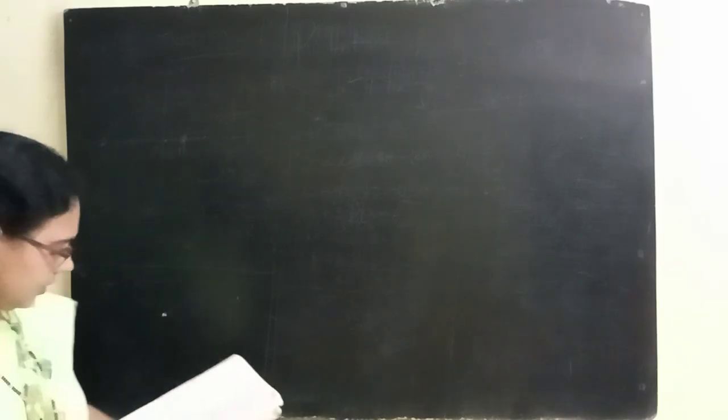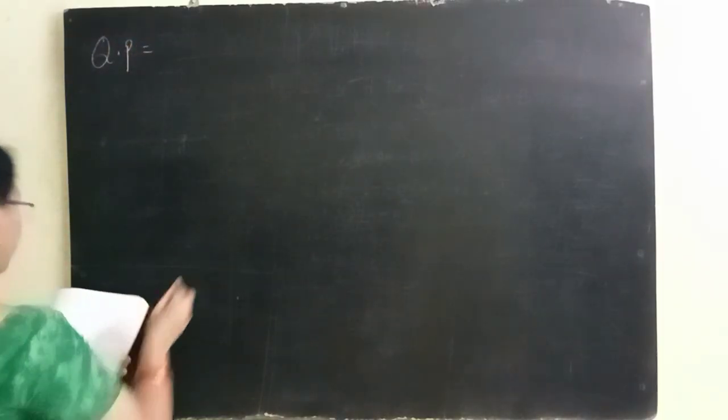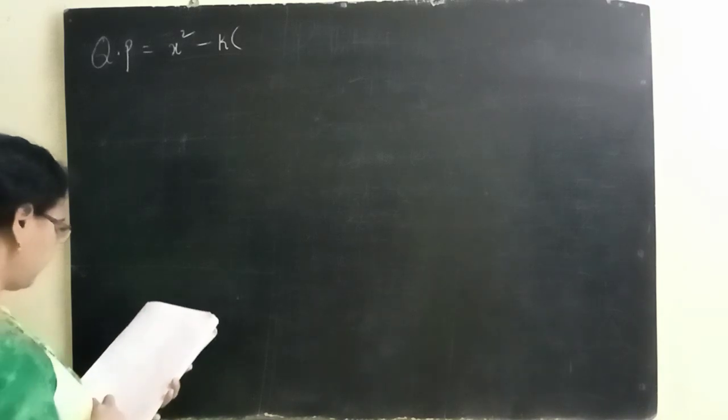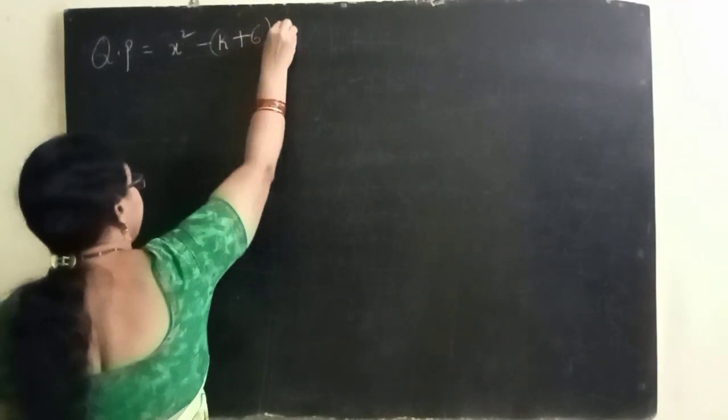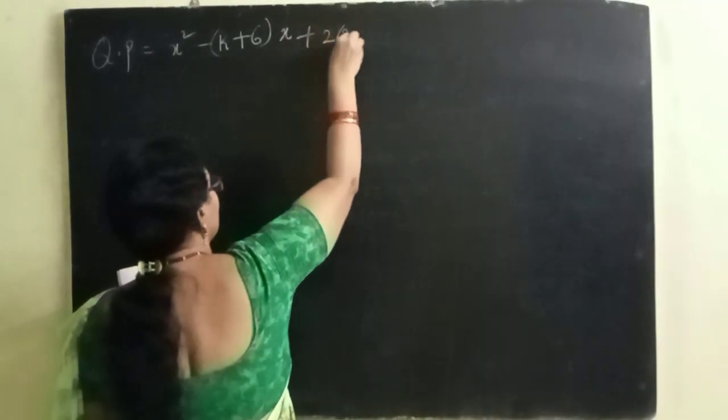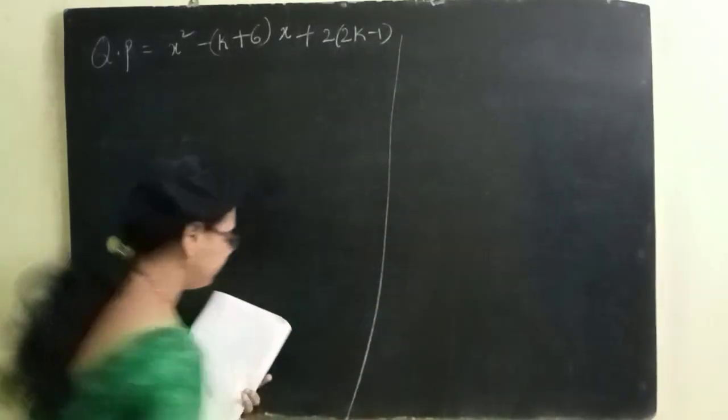and do the sums. Next one is, he has given the quadratic polynomial x square minus k into k plus 6 into x plus 2 into 2k minus 1.